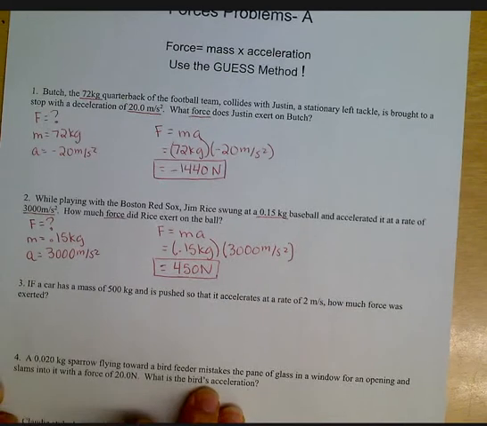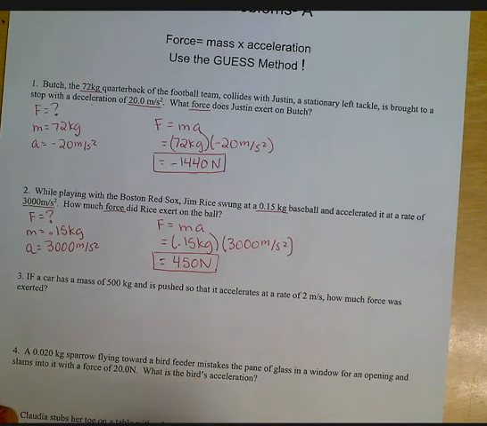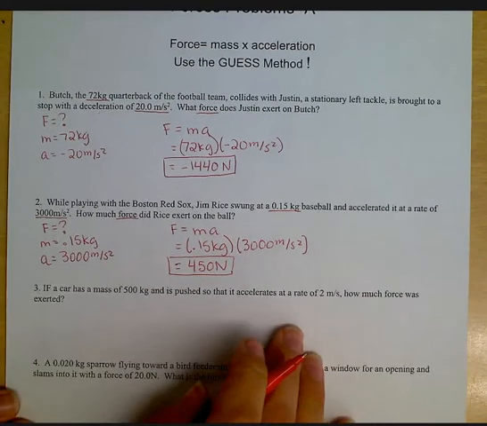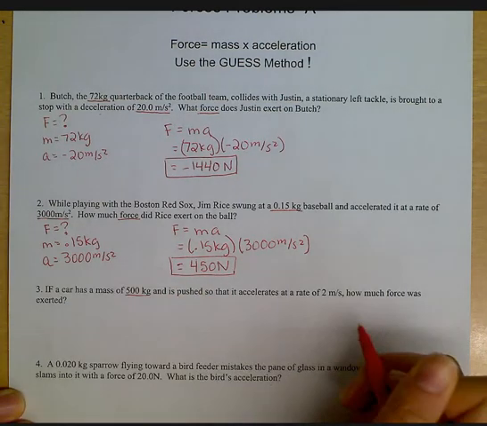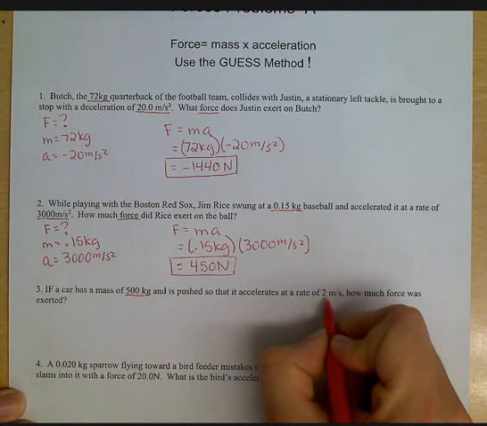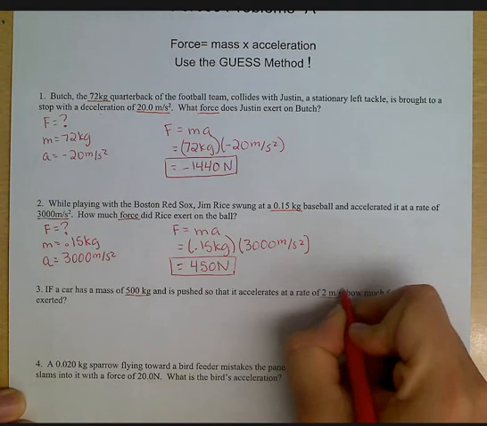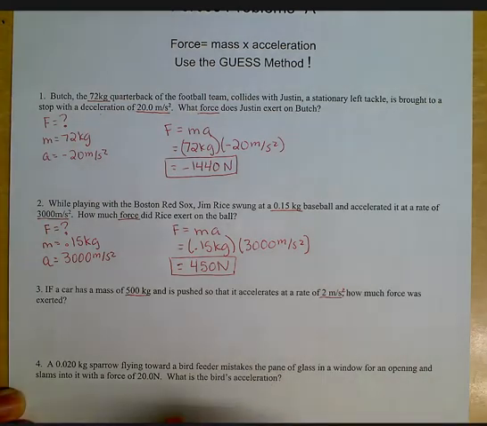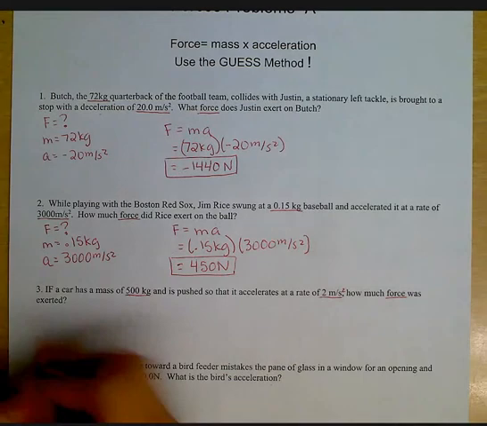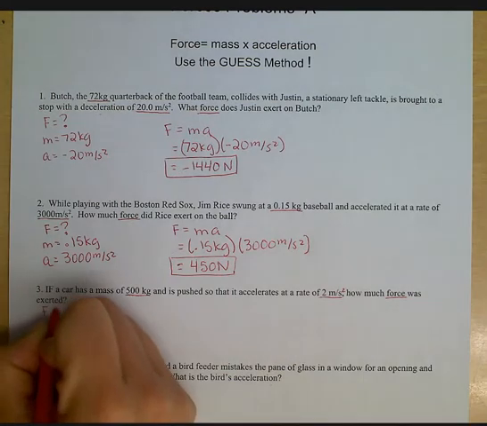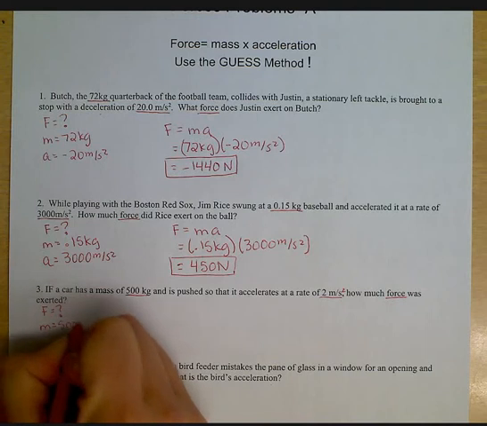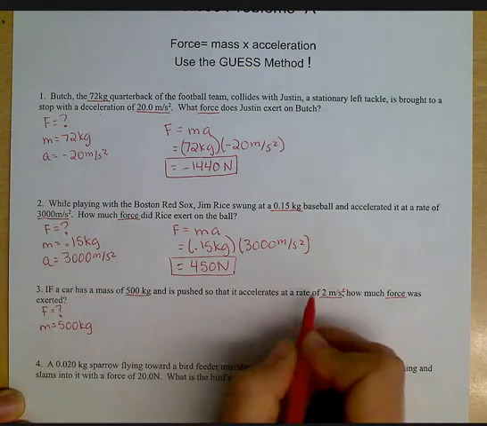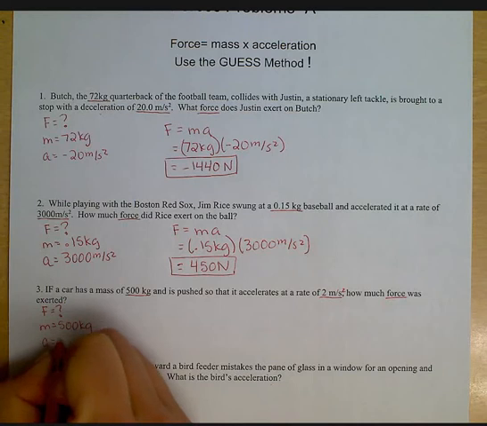Number 3. If a car has a mass of 500 kilograms and is pushed so that it accelerates at a rate of 2 meters per second, it should be 2 meters per second squared, how much force was exerted? So I'm looking for my force. My mass is going to be 500 kilograms. My acceleration is 2 meters per second squared.